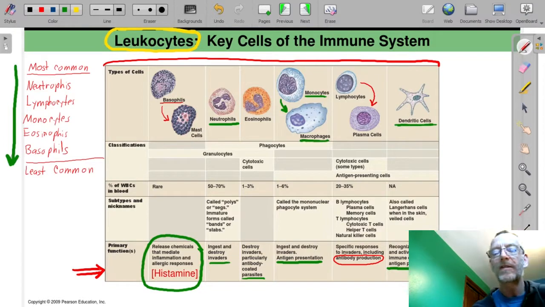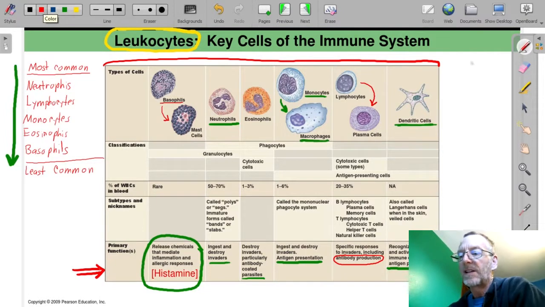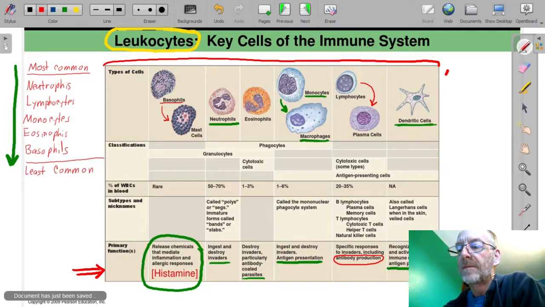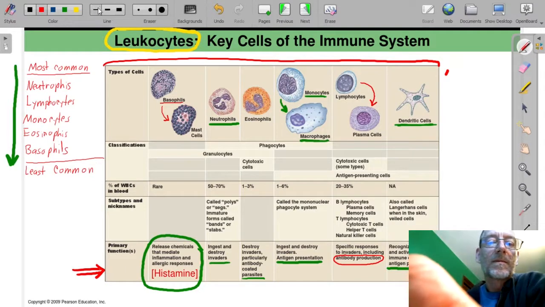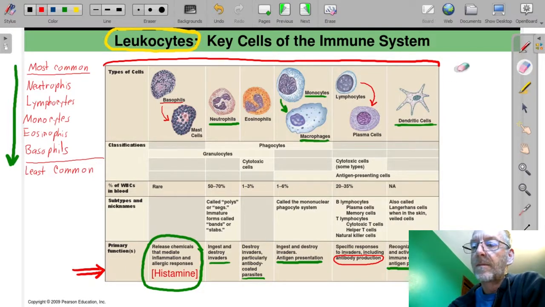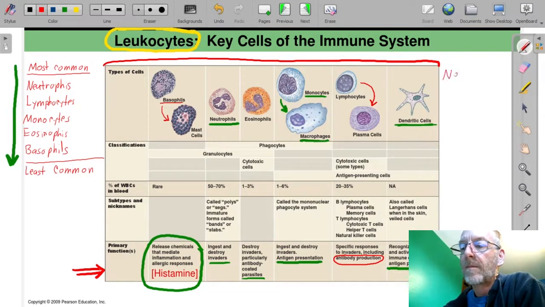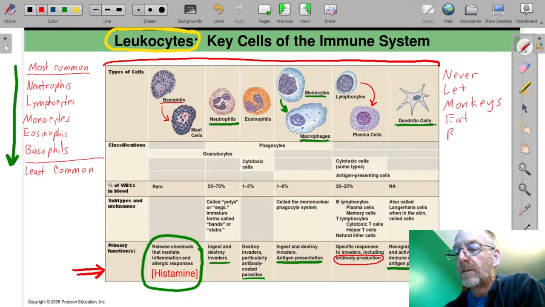And the mnemonic for remembering that is: Never let monkeys eat bananas.